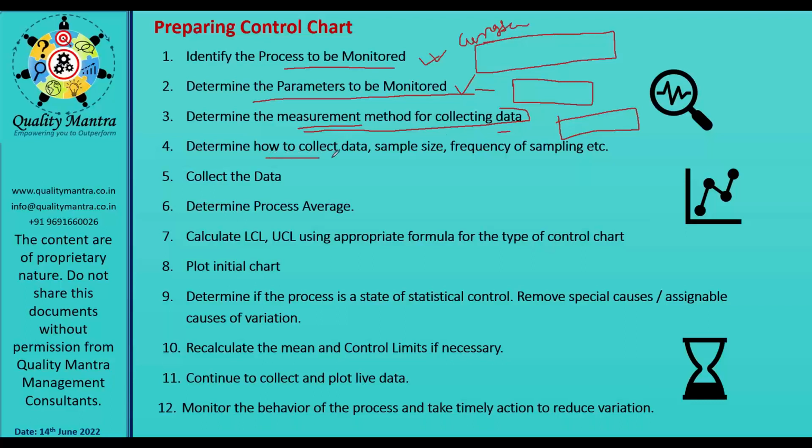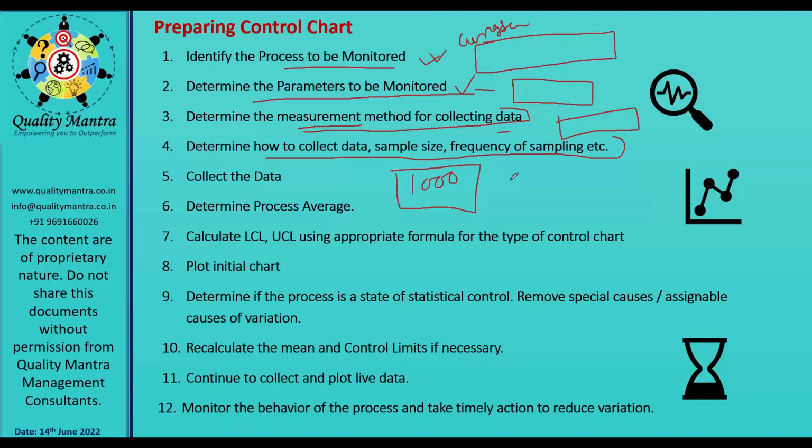Then determine how to collect the data. What is the sample size? What is the frequency of sampling? It is not necessary कि आप continuous data लेते रहो. If there is a bulk process and you are manufacturing 1,000 parts, you may not be checking all 1,000 parts.